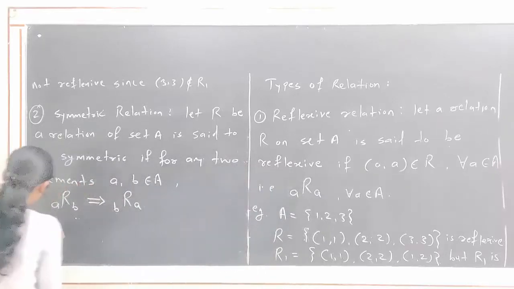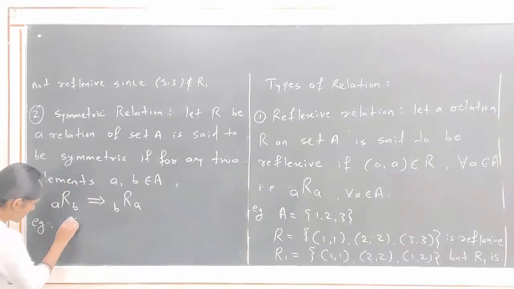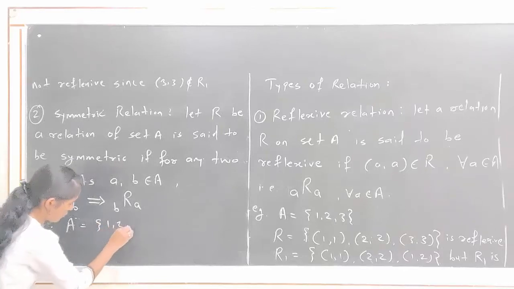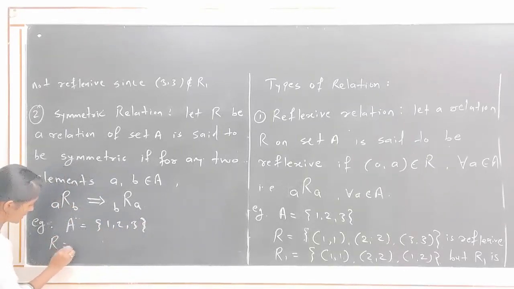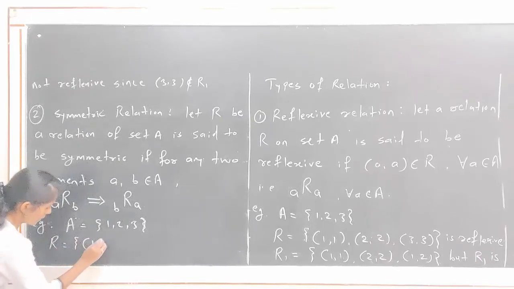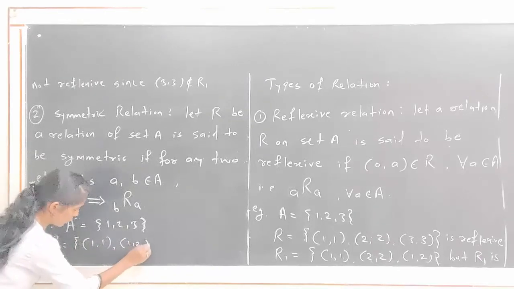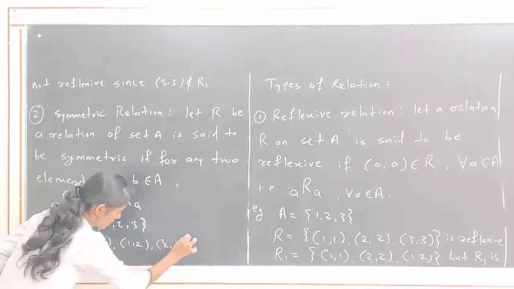For example, again we consider set A = {1, 2, 3}. Suppose we consider the relation R = {(1, 1), (1, 2), (2, 1)}.